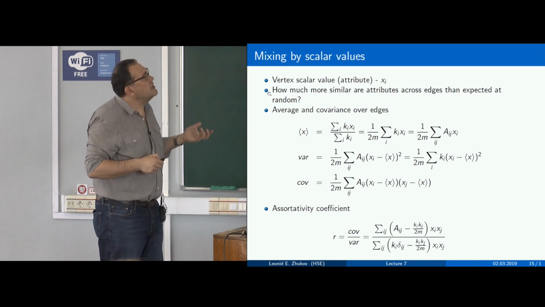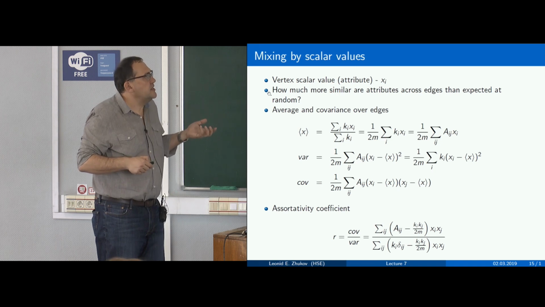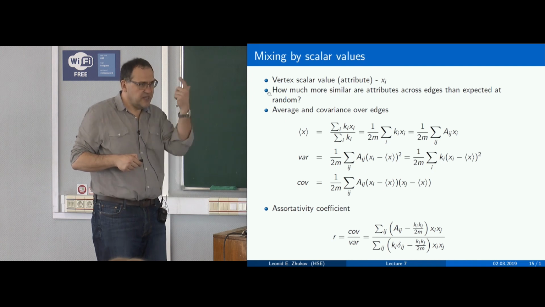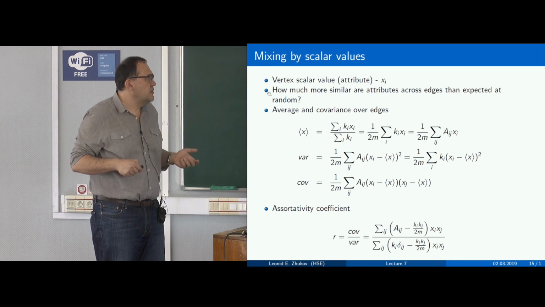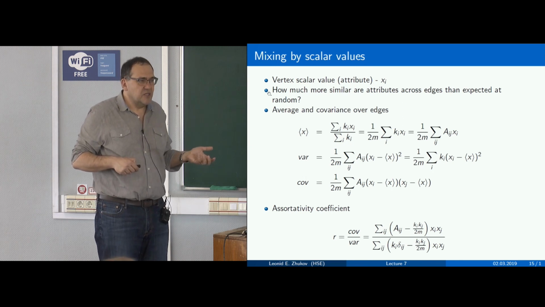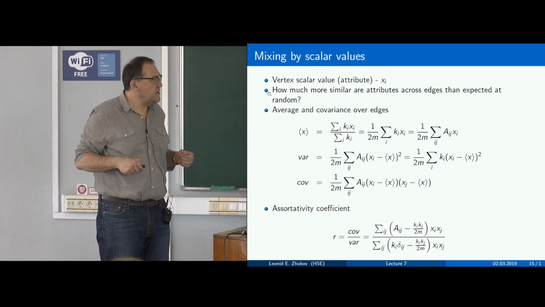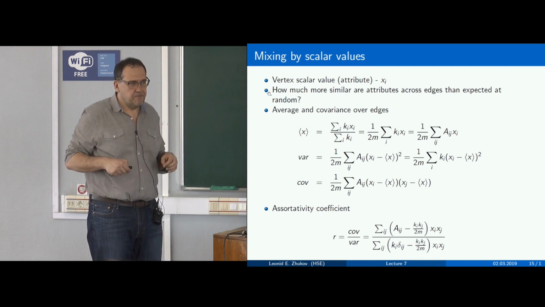If you have numerical, scalar attributes, you just calculate correlations, but those correlations are adjusted through the connectivity pattern. And then there is this notion of the assortativity coefficient, which is very similar to the correlation coefficient, covariance divided by variance. And that's called the assortativity coefficient.